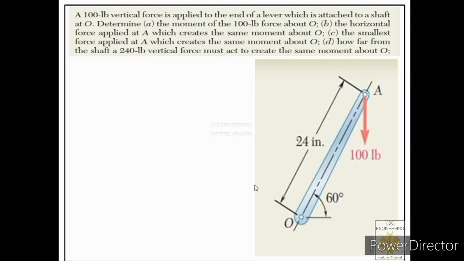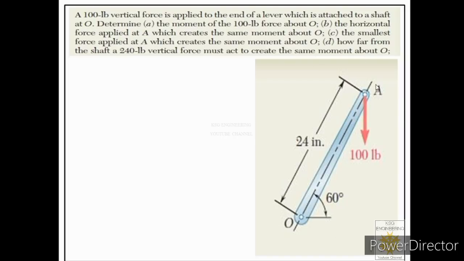Now he is saying that a 100-pound force, which is a vertical force, acting in downward direction, is applied at A, and for the position shown the angle of lever with the horizontal is 60 degrees and the length of this lever OA is 24 inches. This is given to us. Now what we have to find in A part? In A part we have to find the moment of this particular force about point O for this particular position shown.